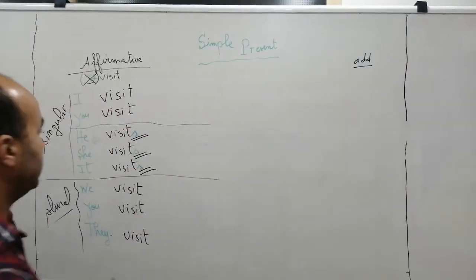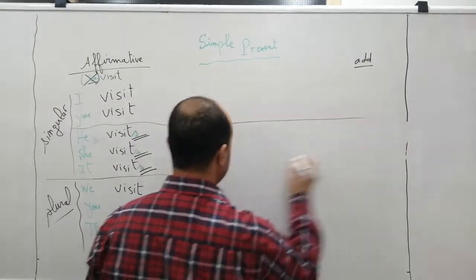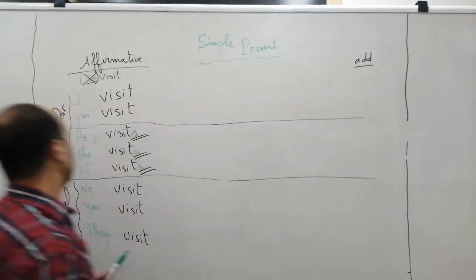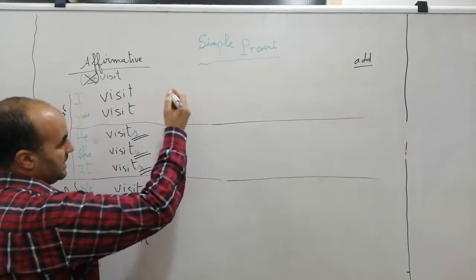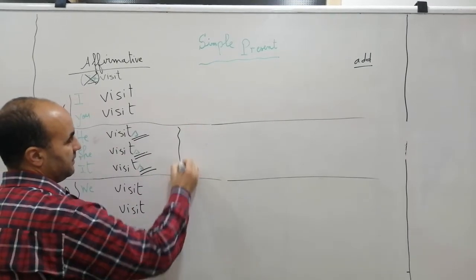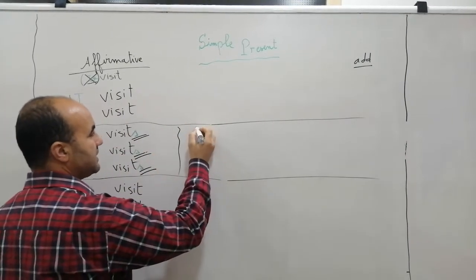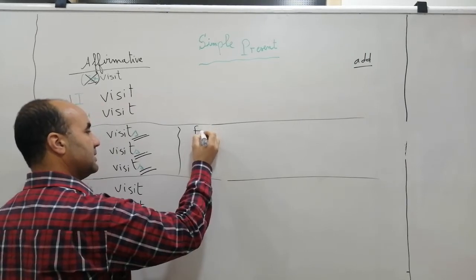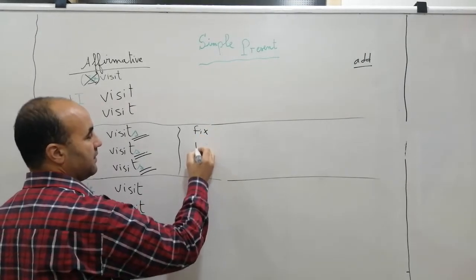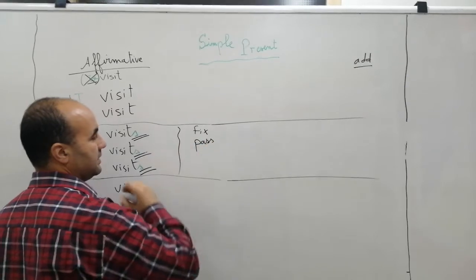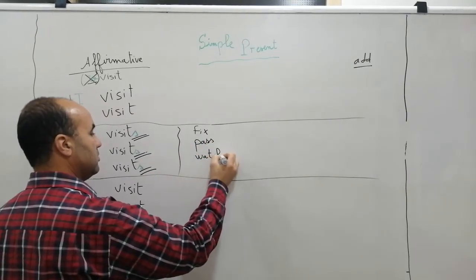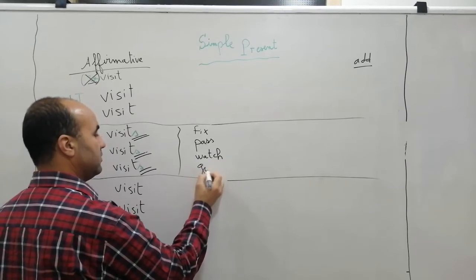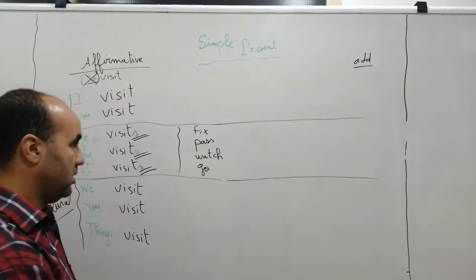So, talking about he, she, and it, some exceptions. Good. Look here. Yes, he visits, she visits. Give another examples with some verbs. For example, the verb to fix, the verb to pass, the verb to watch, the verb to go, for example.